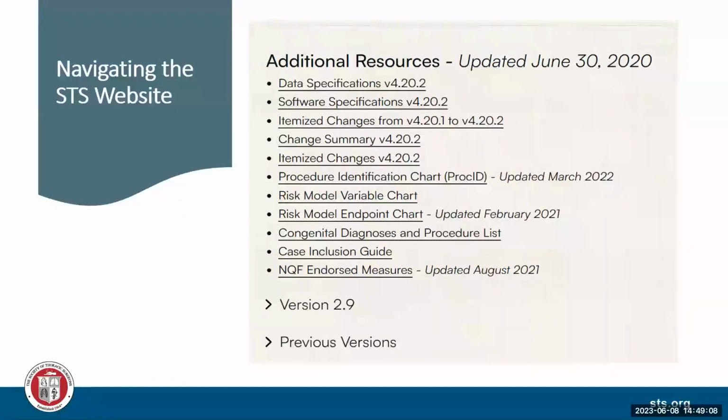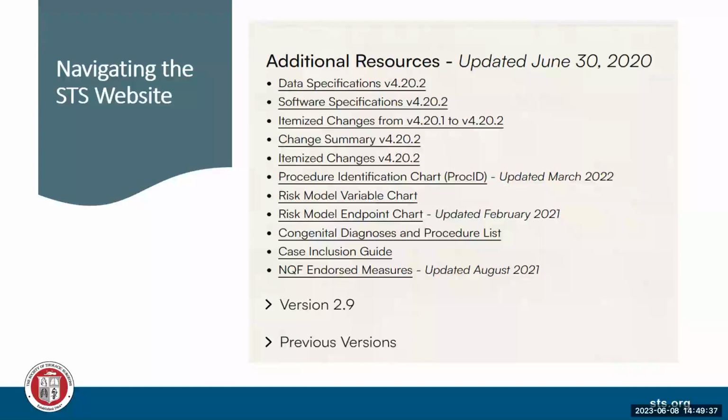Okay, so we're going to scroll down a little further and talk about some additional resources. Data specifications, software specifications. You're going to see the Proc ID chart, the risk model chart. We're going to go through most of these briefly, and we're going to start with the software specifications first because it just flows easier, and then we'll go to data specs.